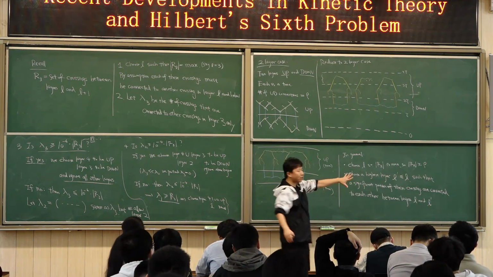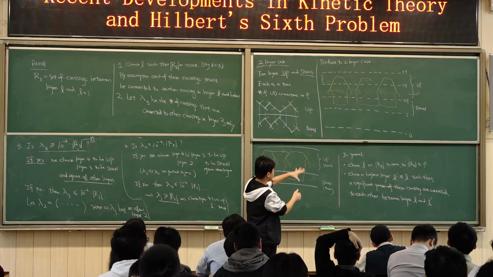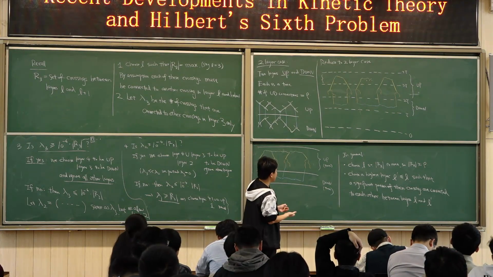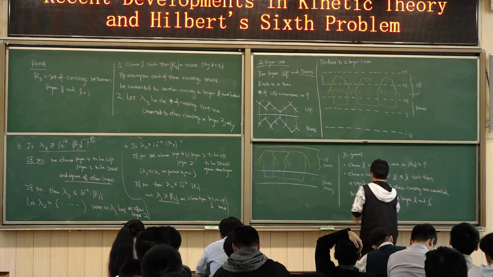Okay, so for example, if L prime equals L, that means these crossings are already connected in layer L, and then we just choose this layer. And if not, we just choose this max L prime.